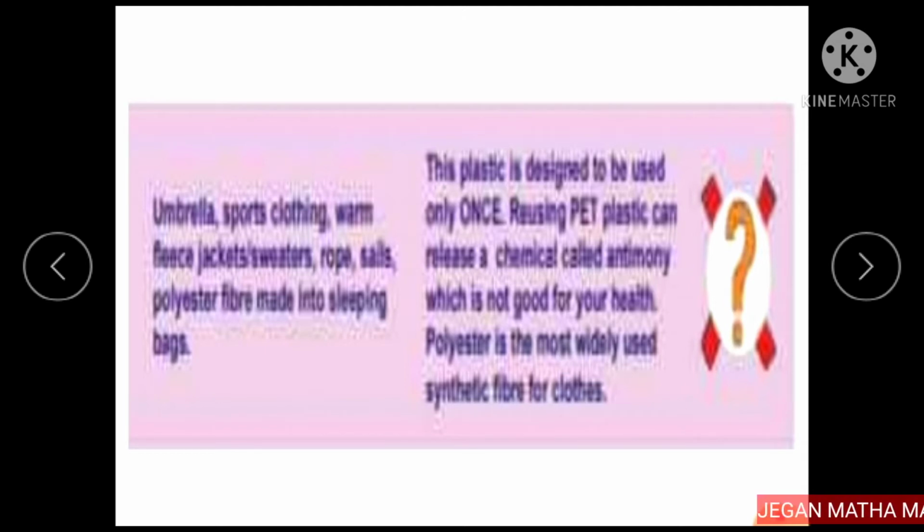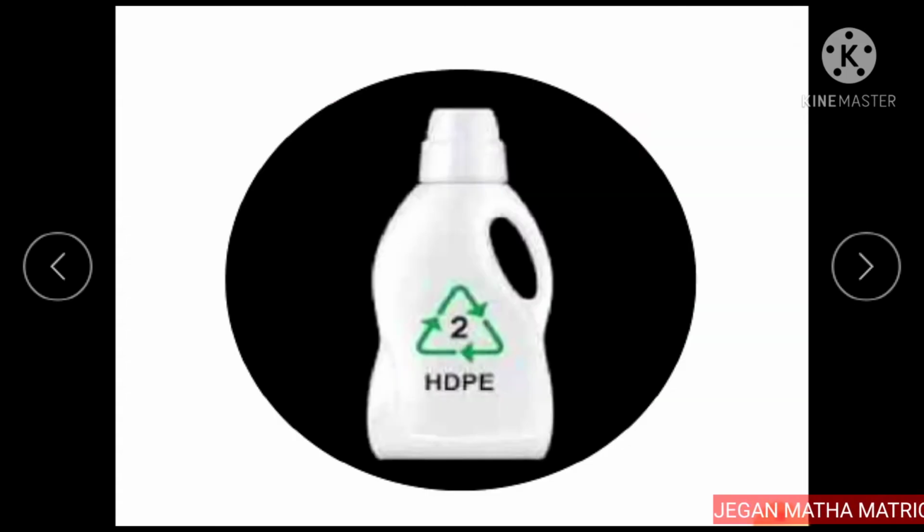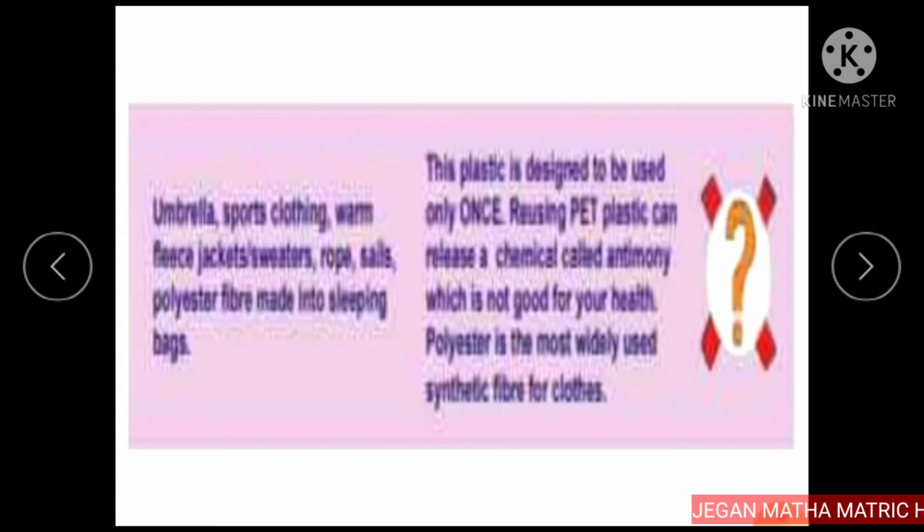This plastic is designed to be used only once. Reusing PET plastic can release a chemical called antimony, which is not good for our health. Polyester is the most widely used synthetic fiber for clothes.